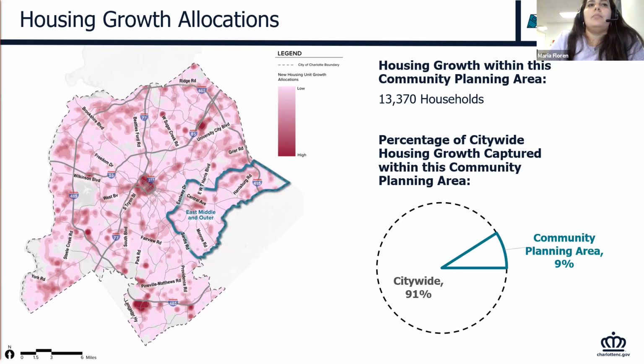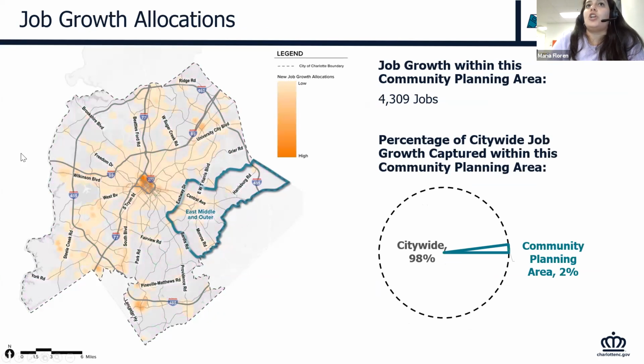And this number of housing units is approximately 9% of all growth projected citywide. And then in terms of jobs, the place type recommendations within this geography will allow for approximately 4,300 jobs. And this accounts for approximately 2% of all new jobs projected for the city by 2040.